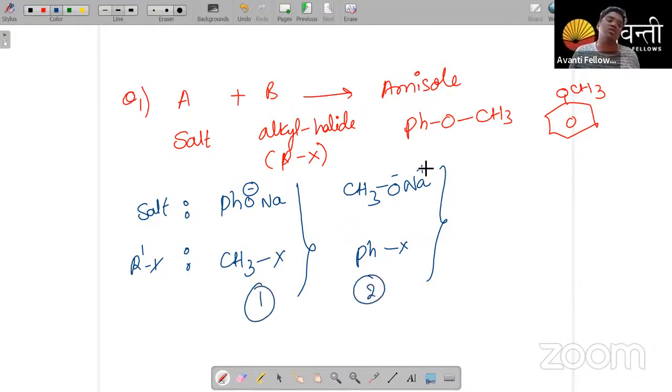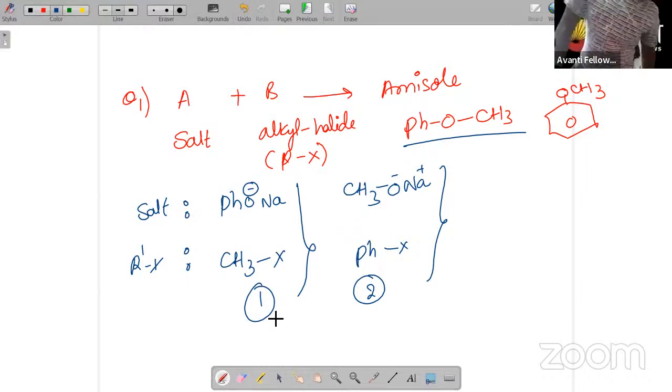Tell me in the chat box which is the most suitable set for the production of anisole. Set 1 or set 2, in the chat box, guys. Please do reply. Come on, guys.